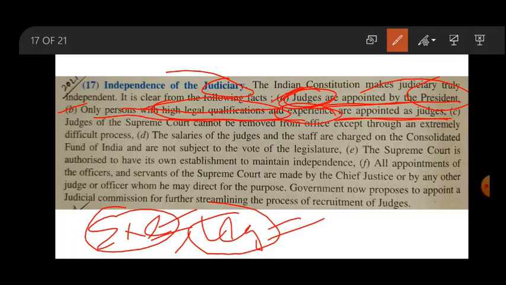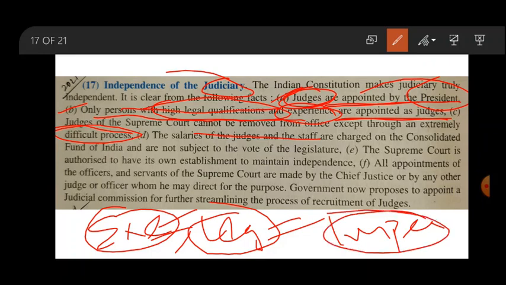Number C, judges of the Supreme Court cannot be removed from office except through an extremely difficult process. There is a difficult process known as impeachment, the same way the President of India is removed from office.